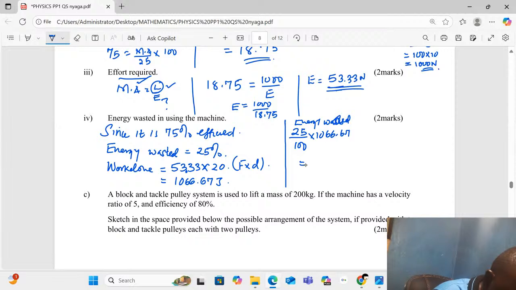And this gives us 266.67 joules. We are talking of work, so it is in terms of joules.